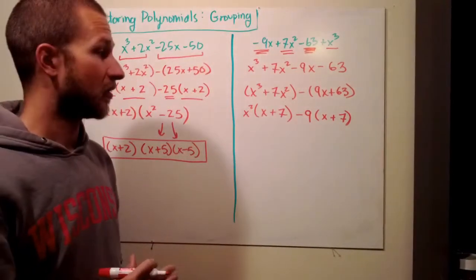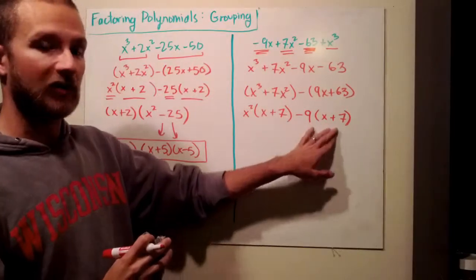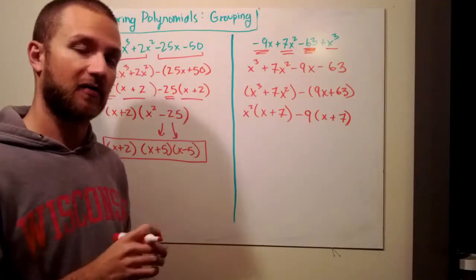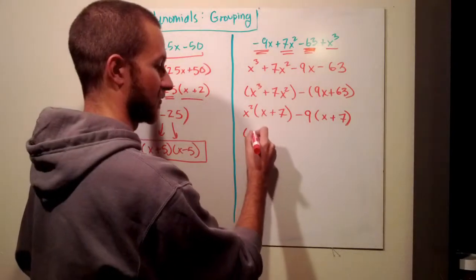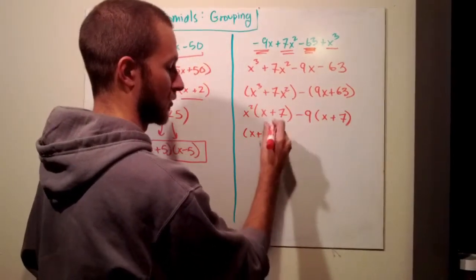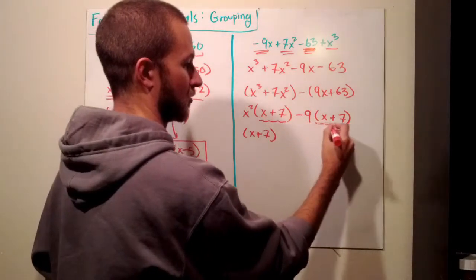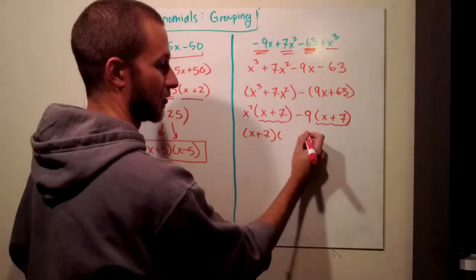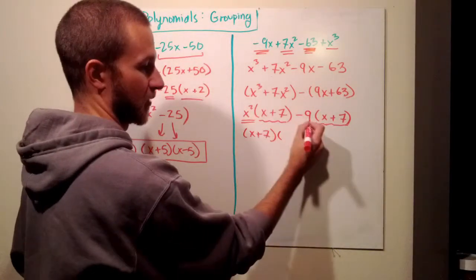Take a look at where we are. The binomials we have now are both x plus 7, so we can factor out that. So you take out x plus 7. You pretend that those aren't there anymore, and you write what's remaining: x squared minus 9.